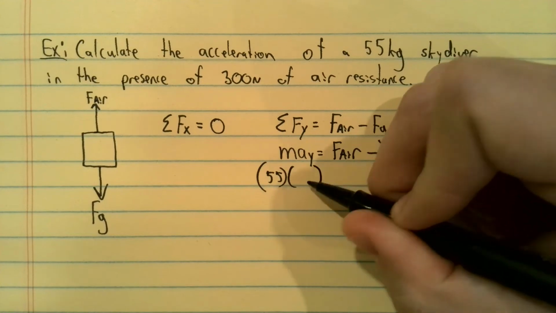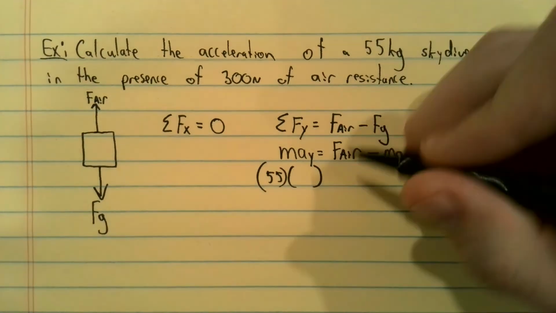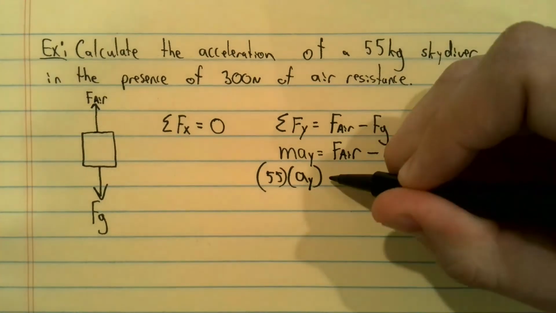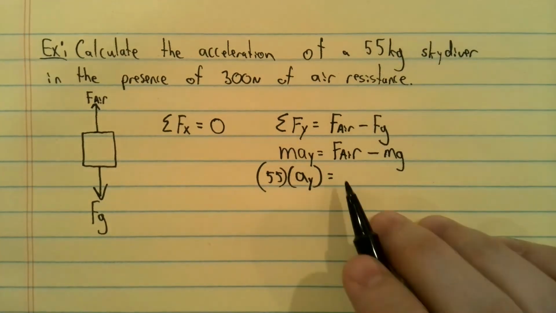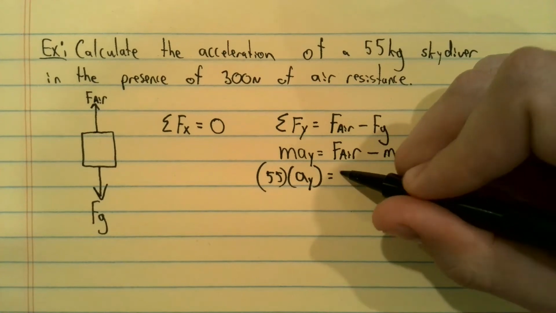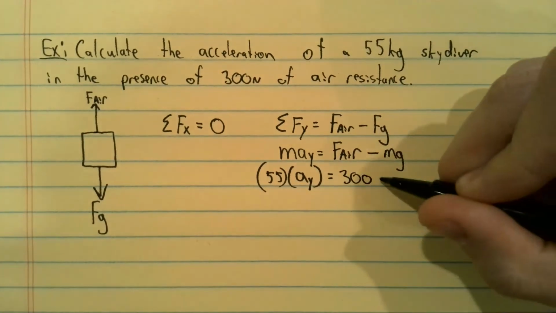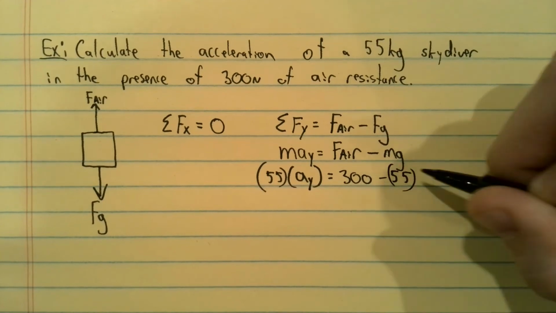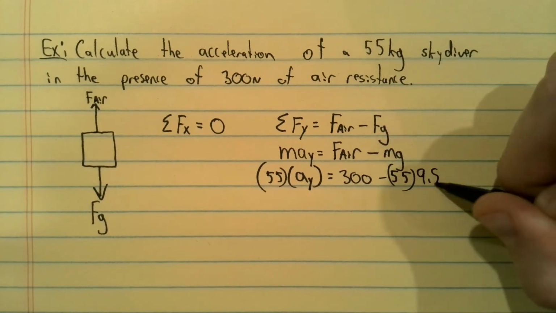Now you might say that a is negative 9.8, but no, not really. When there's air resistance, a is not negative 9.8. F air was given as 300. m will be 55 again. And g is 9.8.